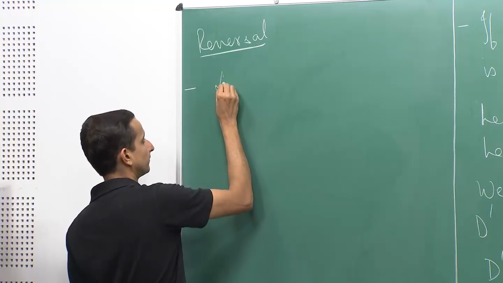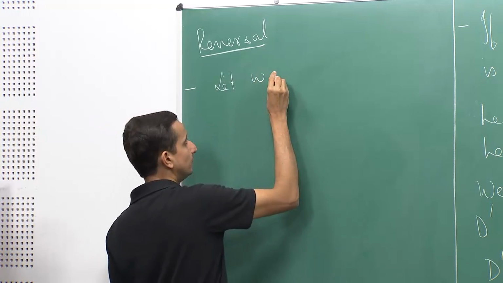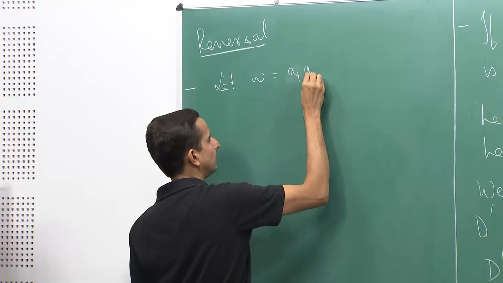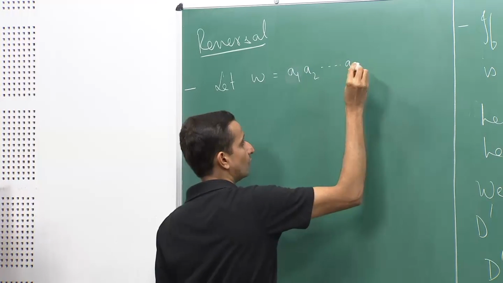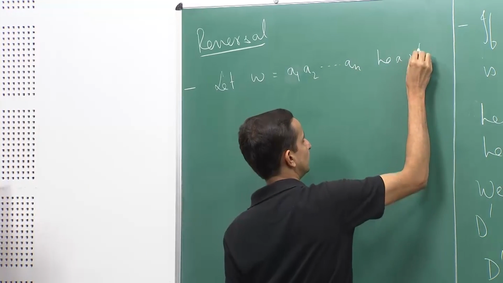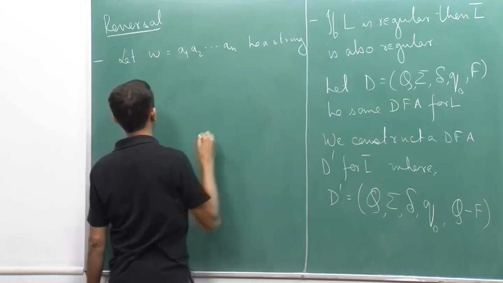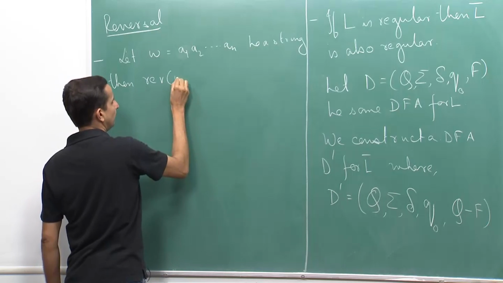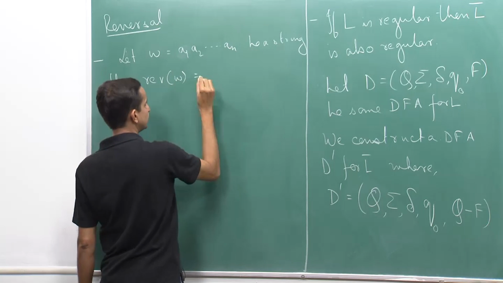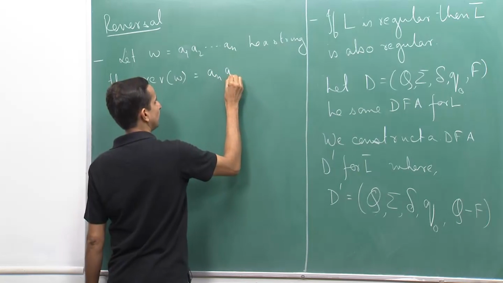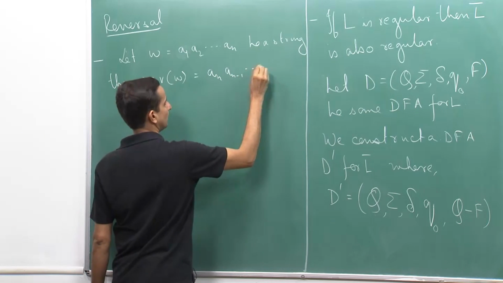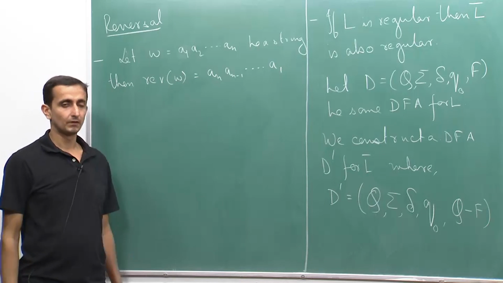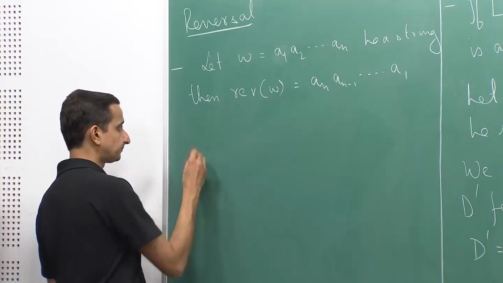Let W equal to A1, A2, so on till AN be a string, then reverse of W is the string AN, AN minus 1, so on till A1. This is the reversed string.